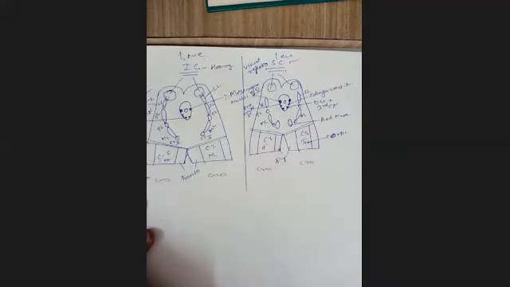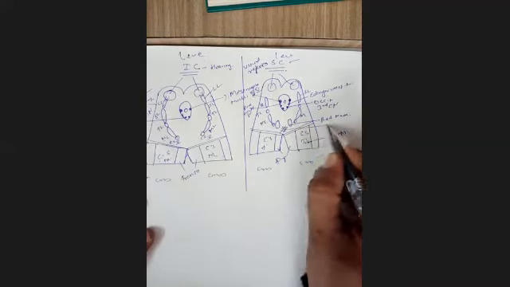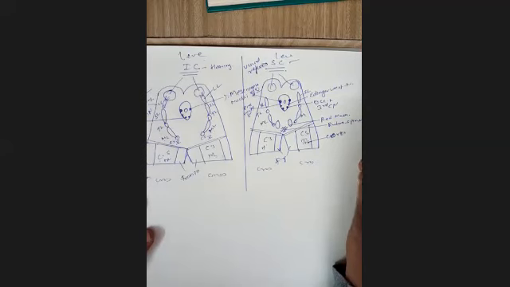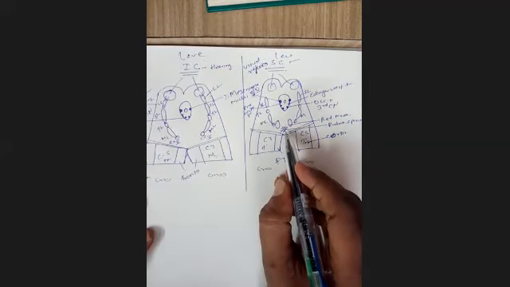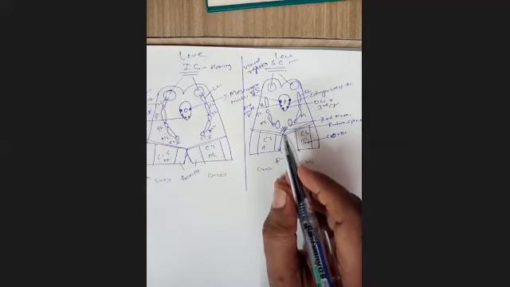The tract arising from the red nucleus is called the rubrospinal tract, and that decussates here. That is called the anterior decussation, which is seen at the level of superior colliculus.